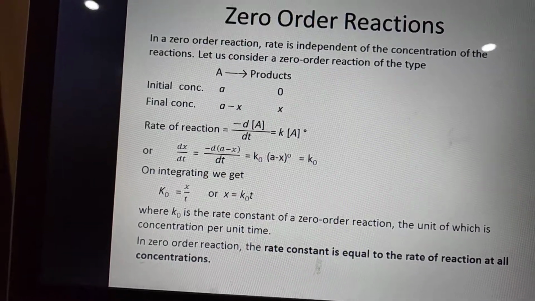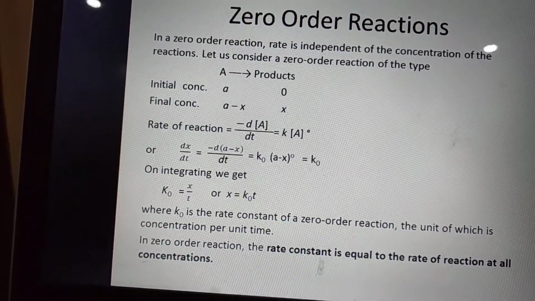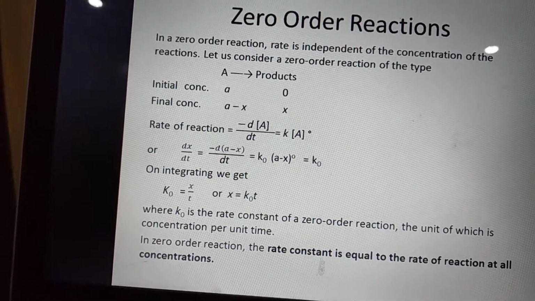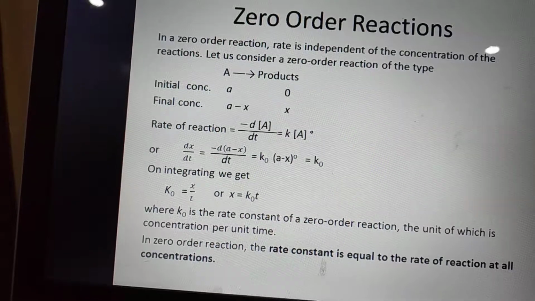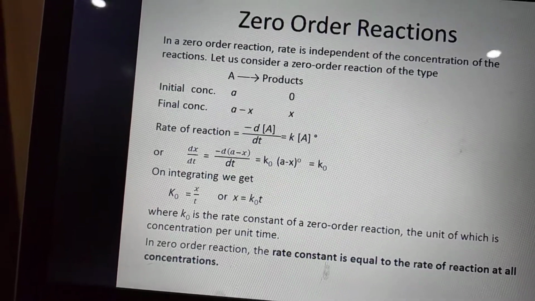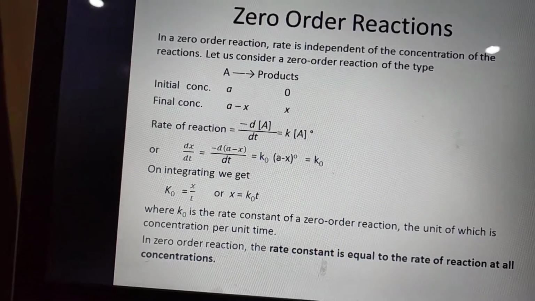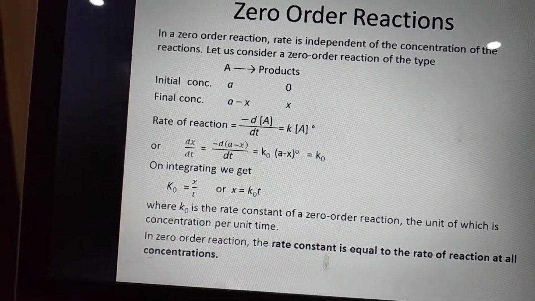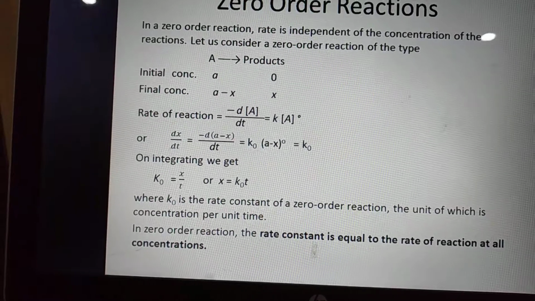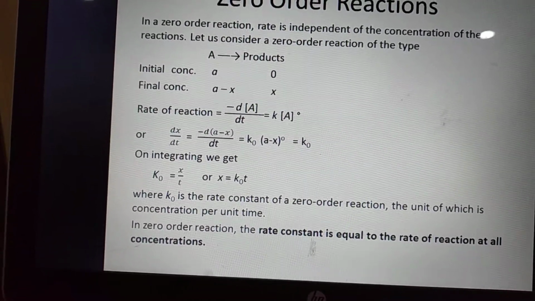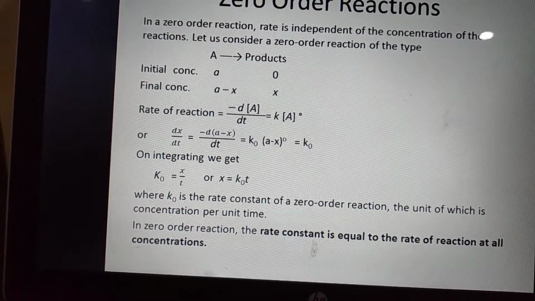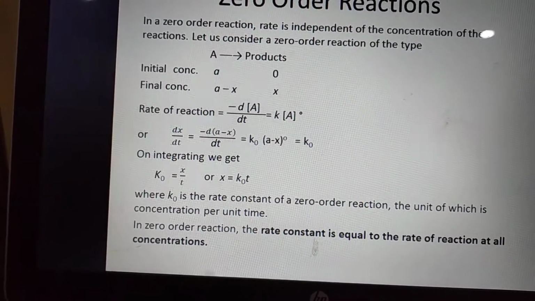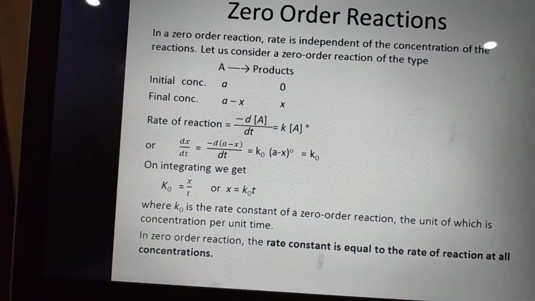On integration we get k naught equal to x over t, or x is equal to k naught t, where k naught is the rate constant for the zero order reaction, and its unit is concentration per unit time. In a zero order reaction, the rate constant is equal to the rate of reaction at all concentrations.